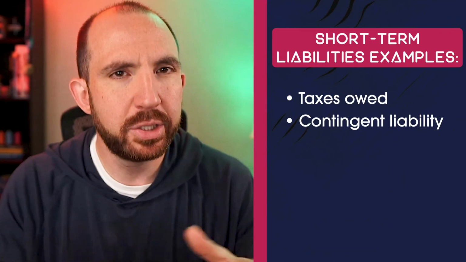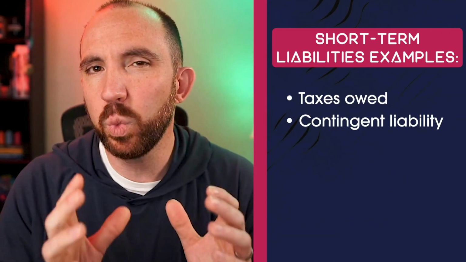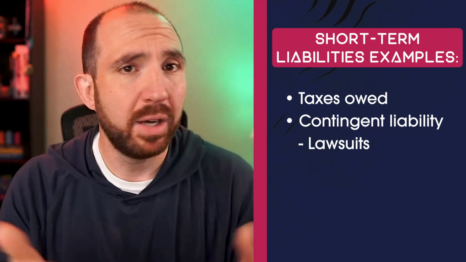The next form of liability that you could have on your balance sheet is one that may not be pertinent to your business at all times, but it is important to understand this concept of contingent liabilities. A contingent liability is one where you may or may not have to pay it based on certain things that may or may not occur in the future. One of the examples for this would be a lawsuit.